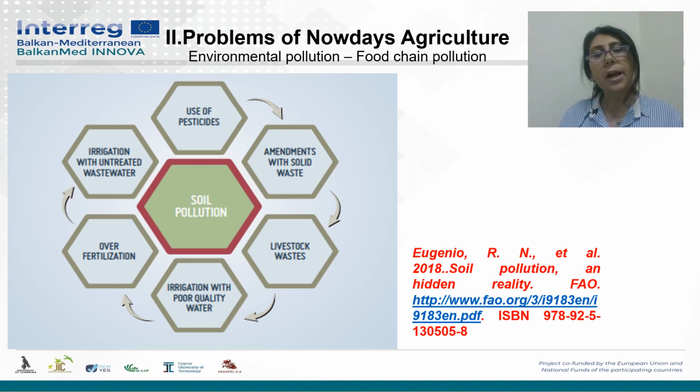When we use pesticides in agriculture, we use them to protect the plants from pests. But not all the pesticide that we use goes to the pest control. Only a very small part does. The other part will go to the soil, to the air, and to the plants.